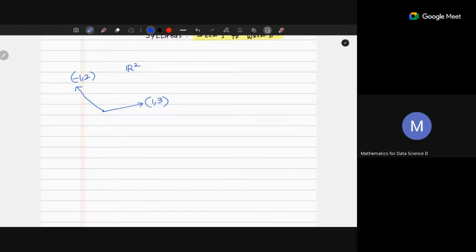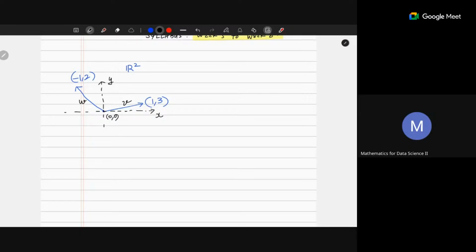You can think of them as vectors lying in an R2 plane where the axis running from left to right is the x-axis, and the axis going from bottom to top is the y-axis. I hope all of you are familiar with these notations. The point in the middle where these axes intersect is called the origin, and it has the Cartesian coordinates 0 comma 0. And you have two vectors v and w.